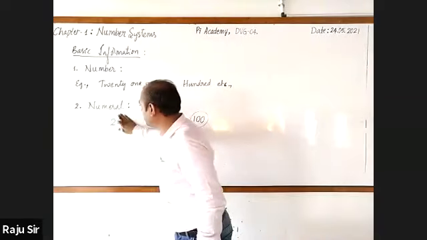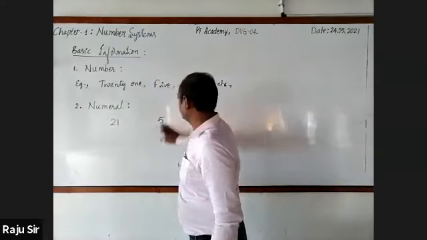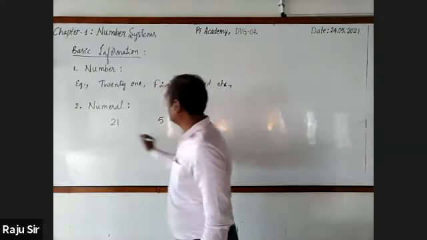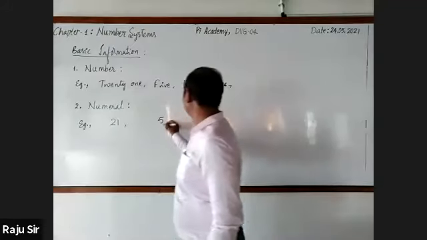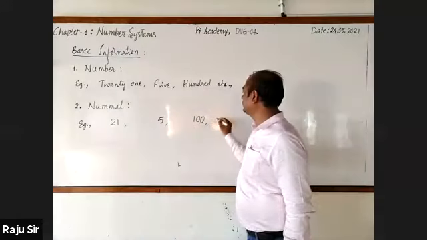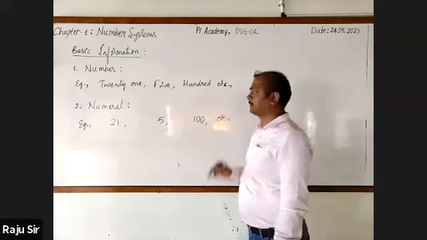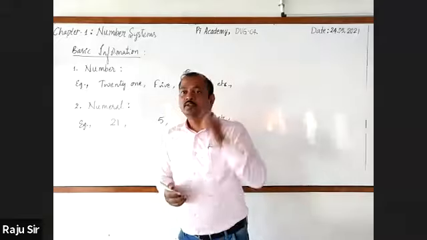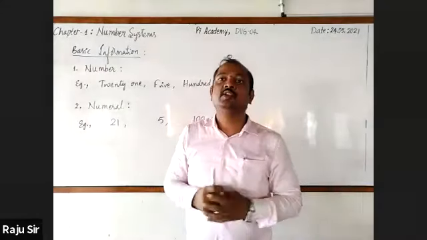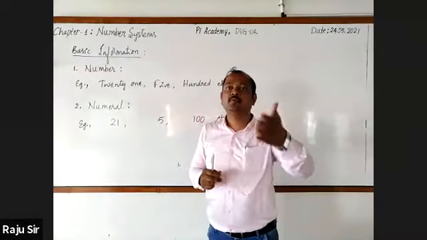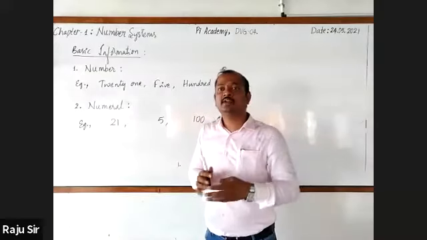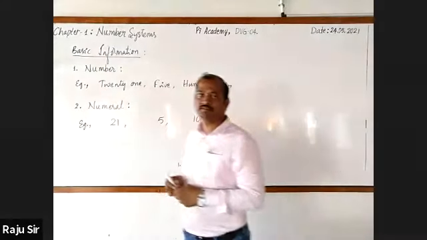So, examples for numeral: numerals like 21, 5, 100, etc. Whatever symbolic representation you are going to show, they are all numerals. As we go for reading them, they are to be considered as numbers.